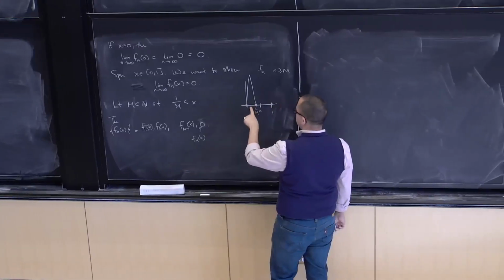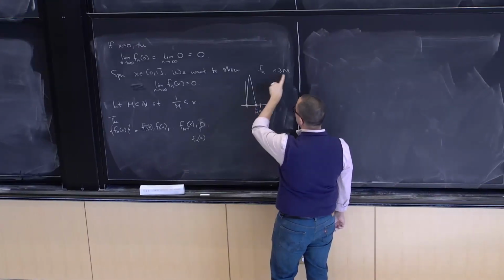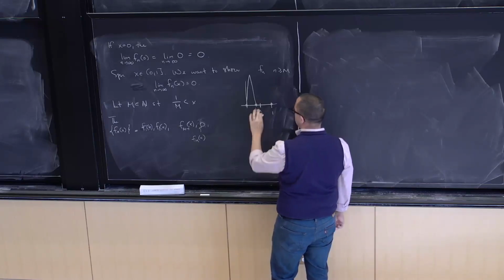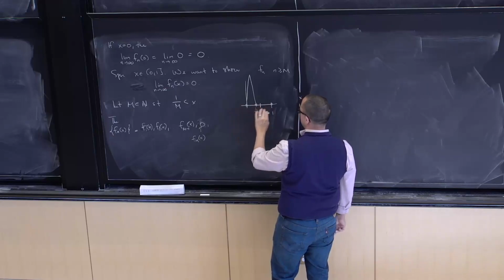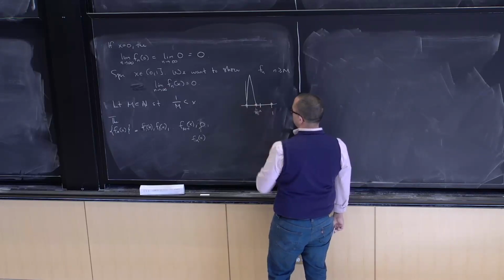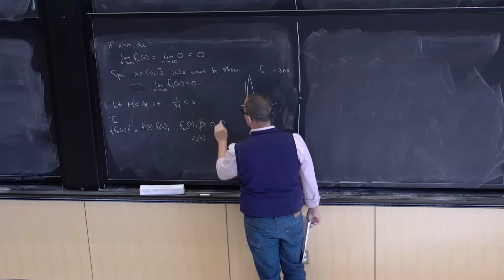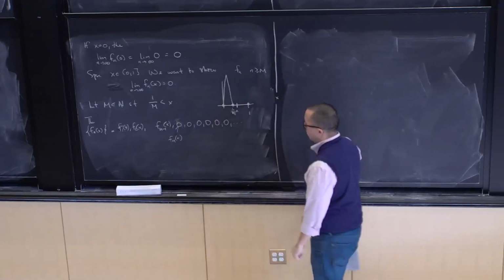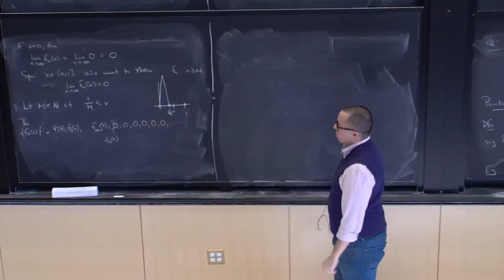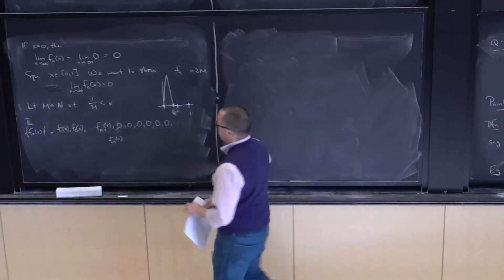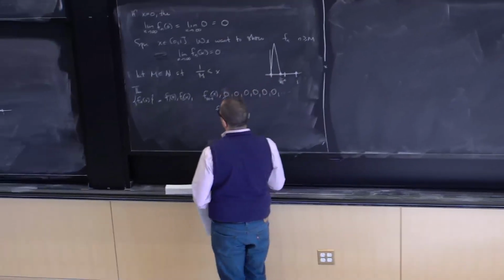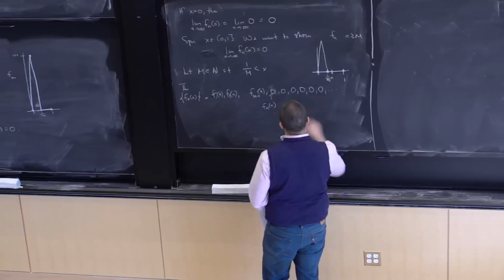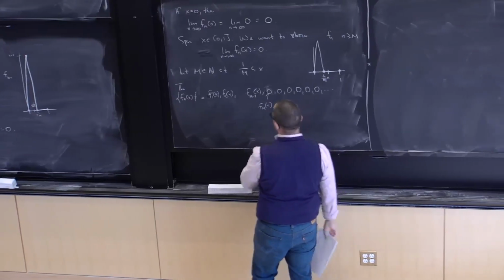And this point is only going to the left. So for all n bigger than or equal to M, 1 over n will be to the left of x, and therefore fn of x will be 0. So this is 0, 0, 0, 0, and so on. So the sequence is eventually 0 for all n bigger than or equal to capital M.